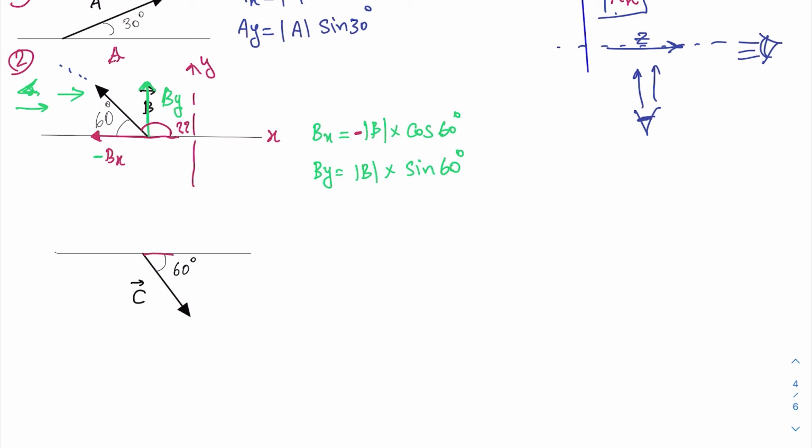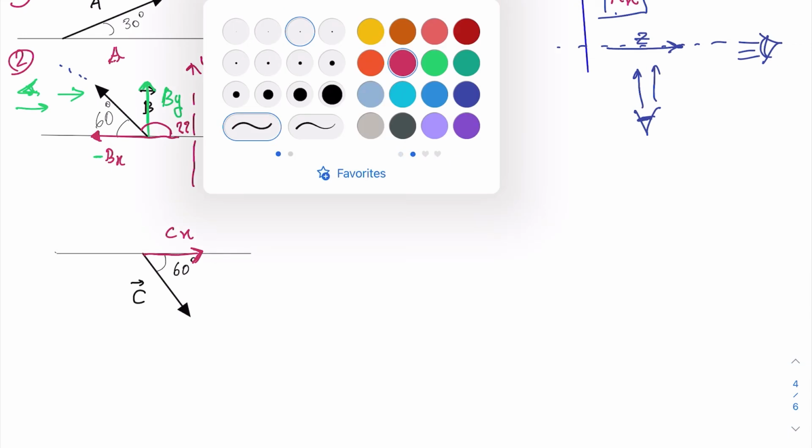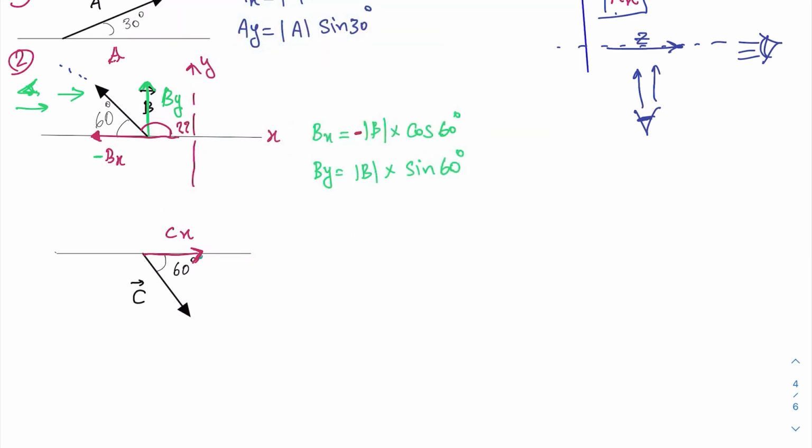So here, this will be my Cx, which is my horizontal component, and the other one, which is along the y-axis, must be here, which is my Cy. I will call it C sub y, C sub x, to make it easier for myself to identify the vector components.